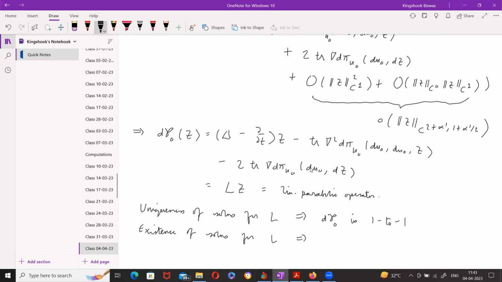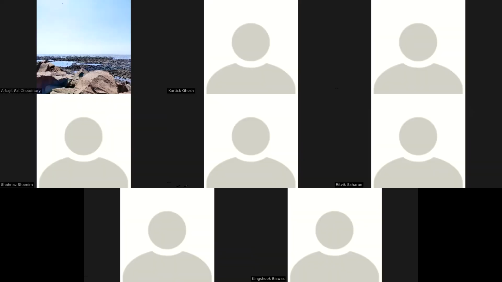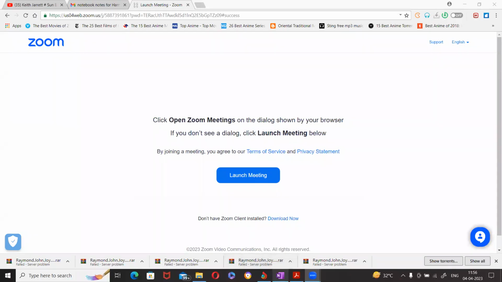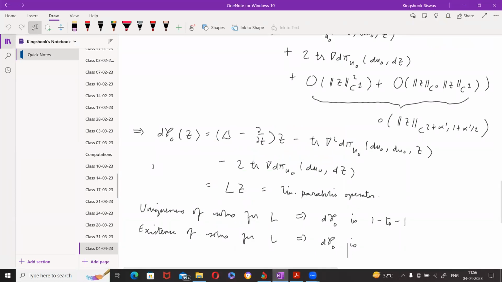Existence implies this is onto. Okay. So we see from this calculation the derivative of the nonlinear map script P at the origin, it is a linear parabolic operator, right? Okay.